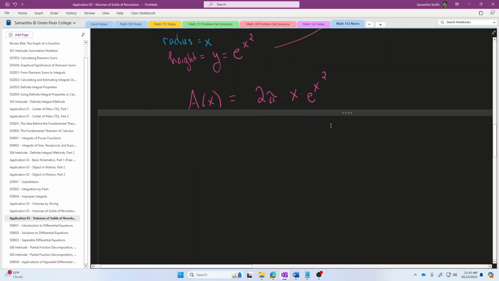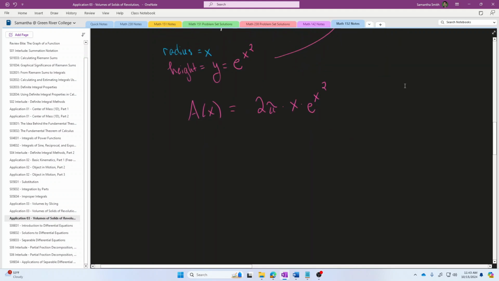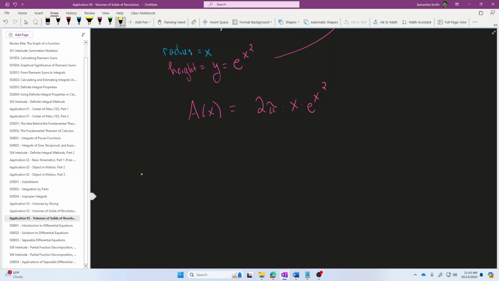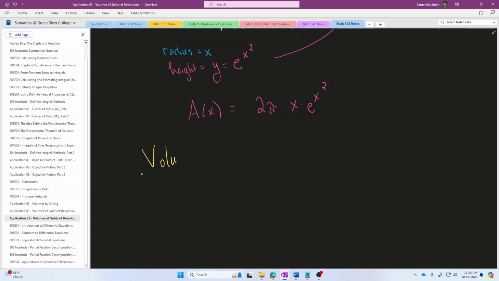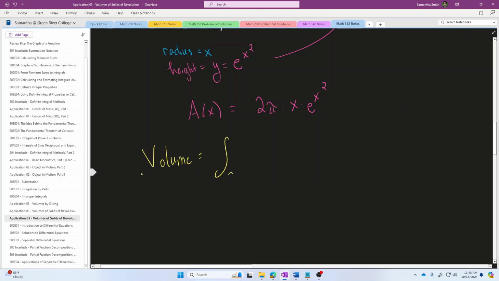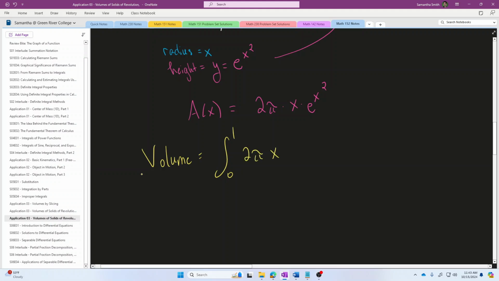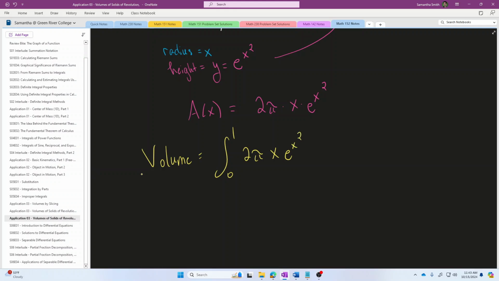And then if I wanted to find the volume from that, all I would have to do is integrate that area formula from the smallest x value, x equals 0, to the largest x value, x equals 1, for the region.